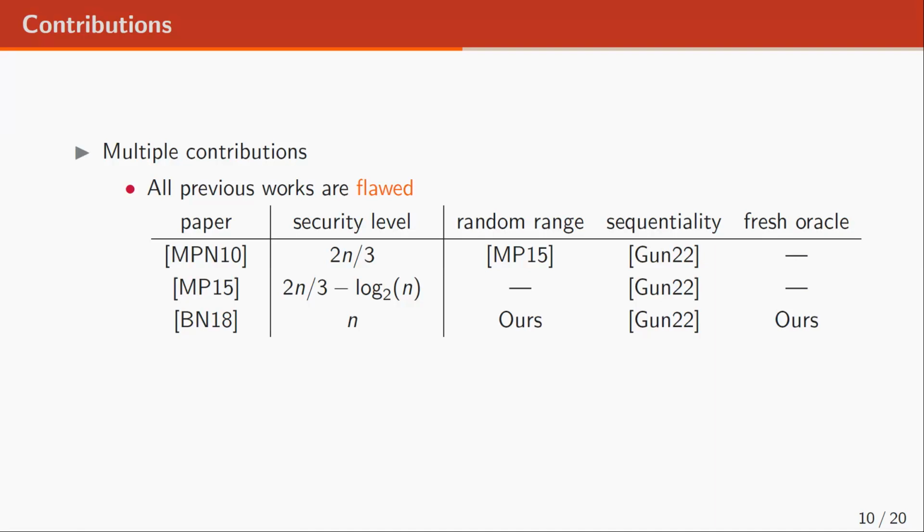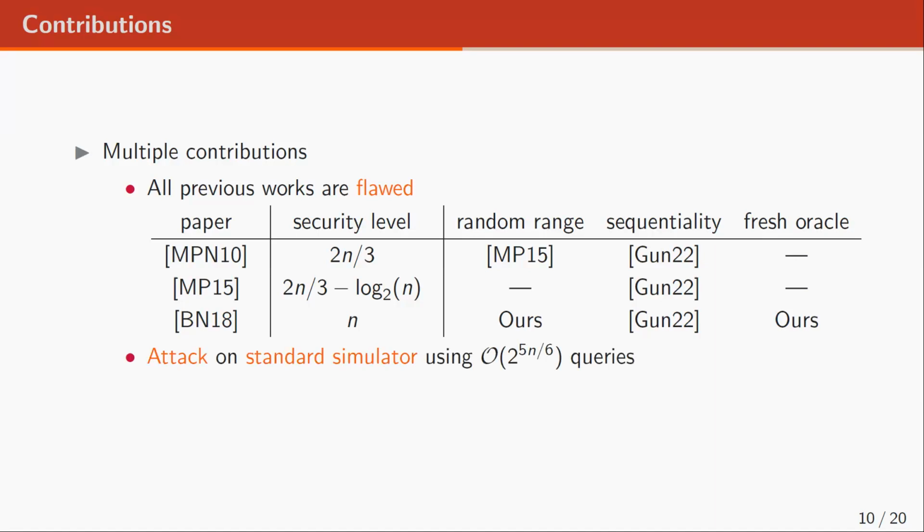The first one I called random range, and that is the flaw present in the 2010 work that Mendel and Pernil originally identified. We also show that the 2018 work actually contains the same flaw. The next one is called sequentiality, which I identified at last Crypto and which impacts all of these works. And finally, we also have a new one called fresh oracle, that impacts 2018.